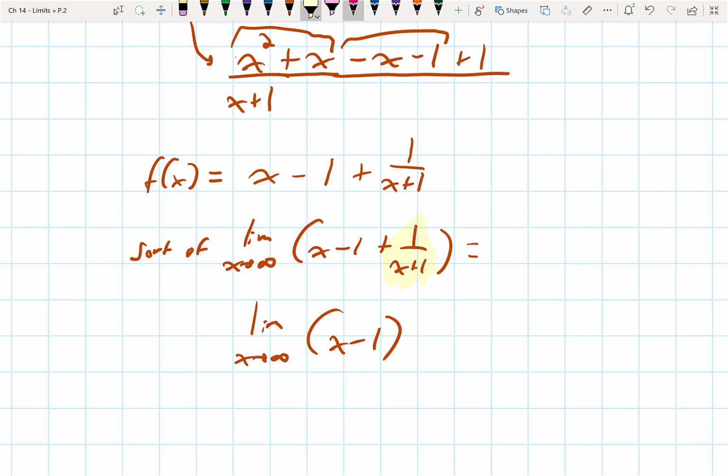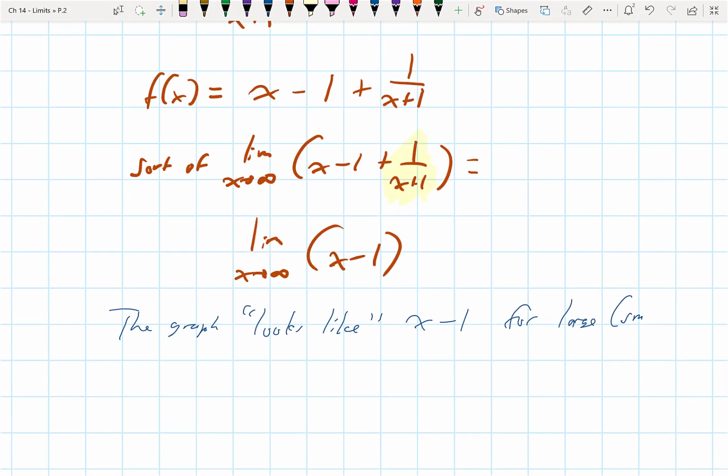So what you get is that the graph looks like x minus 1 for large or small x values. When I say small, it's tricky, because small here means infinitely far negative as well as infinitely far positive. But that's really what's happening. This graph is basically the same character as x minus 1.